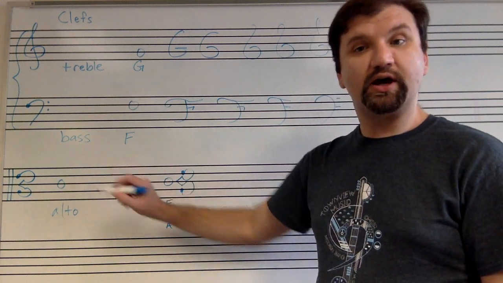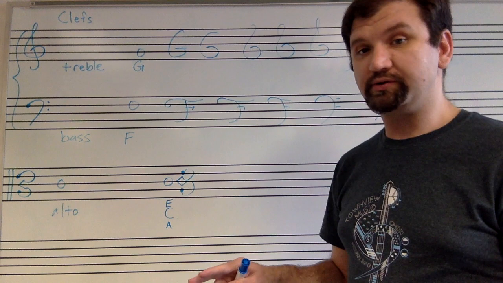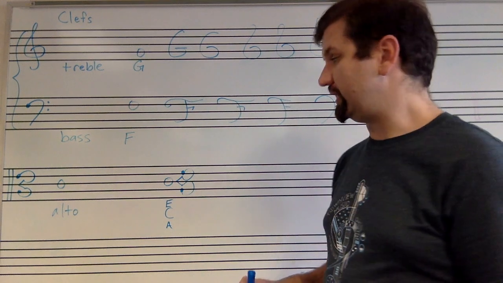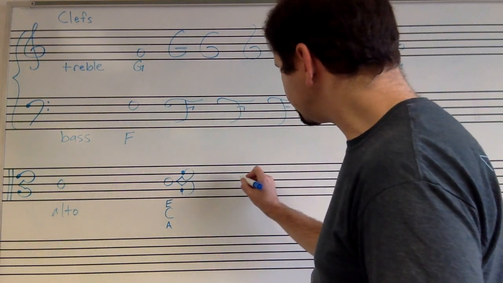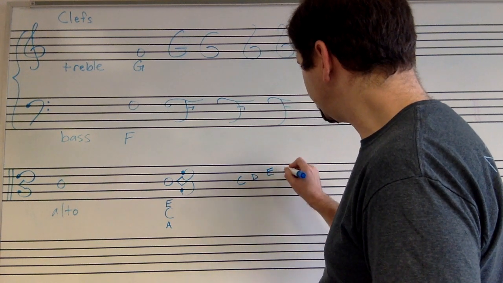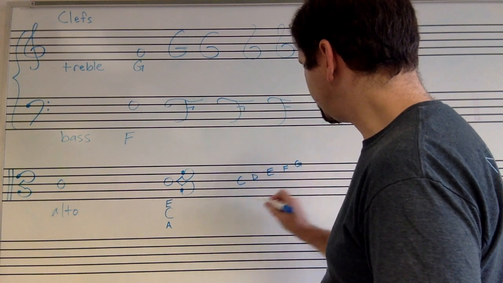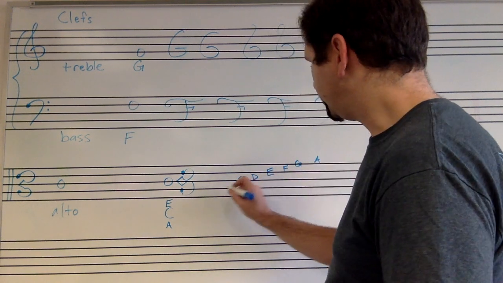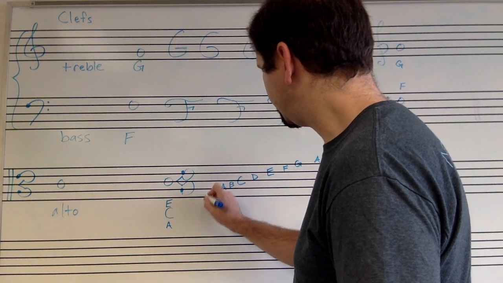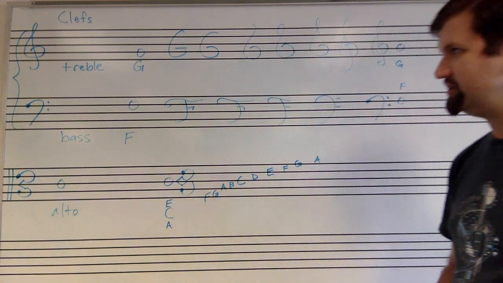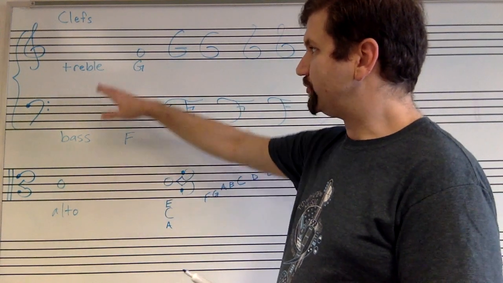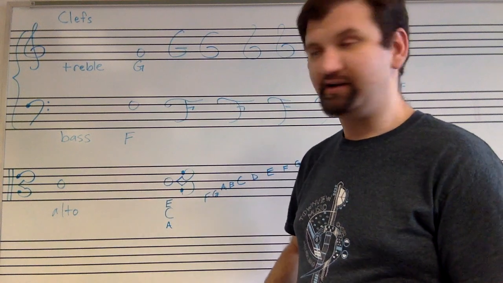This is used most commonly in strings. The viola reads the alto clef almost exclusively, and the cello hops into the tenor clef with some regularity. If we think about this, that means C is right there, and then D, E, F, G, A, and we think down, B, A, G, F. So you'll notice it sits on the middle C that is right between the treble and the bass clefs.